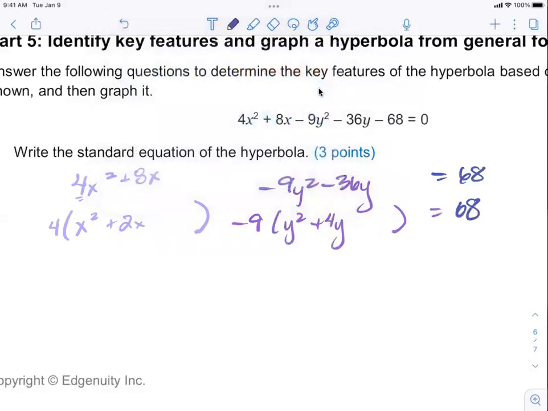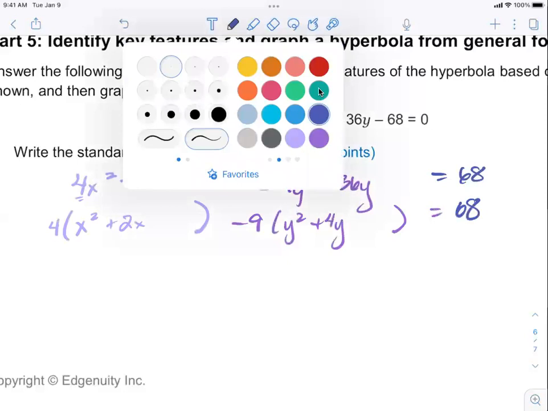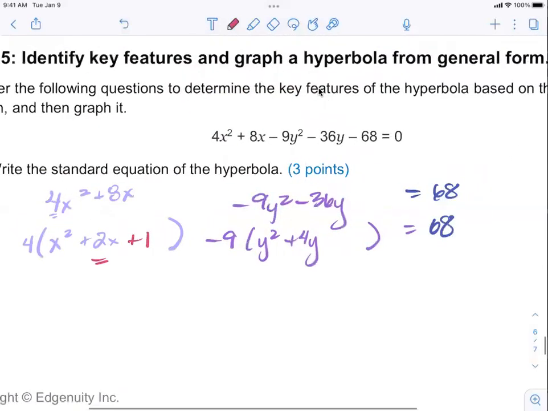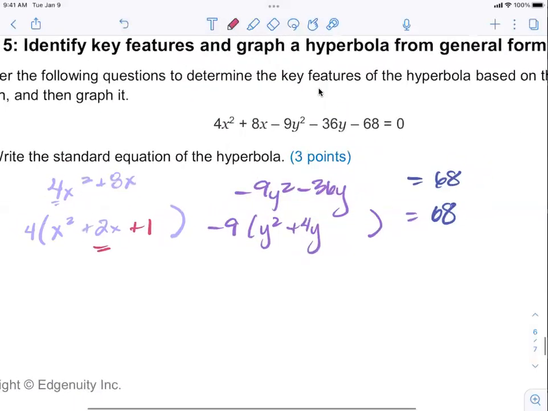So when I go to complete the square, it's half of the middle term squared, and that's what we add. So half of 2 is 1, 1 squared is 1, so I add 1. And, well, let's put a 1 over here, and then we'll talk about it. And y squared plus 4y, what do we add? Half the middle term, so half of 4 is 2, 2 squared is 4, so we add a 4. But I didn't really add a 1 and a 4.